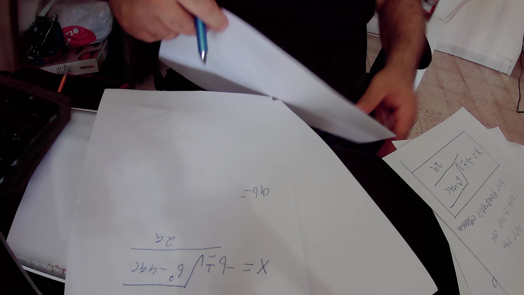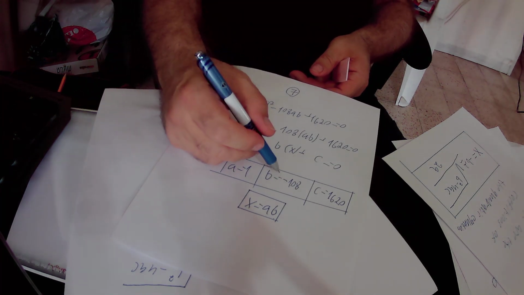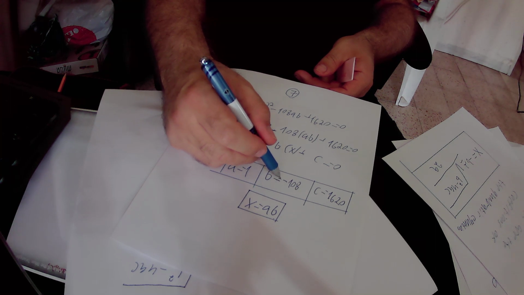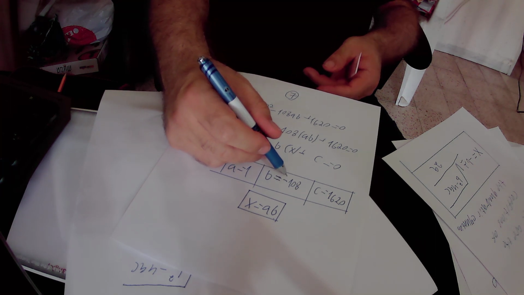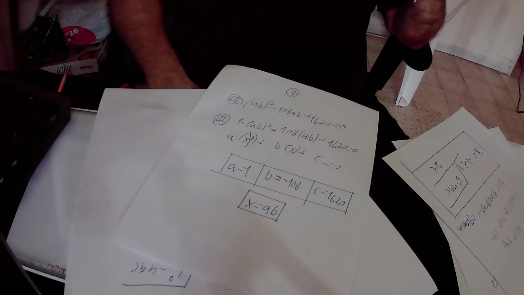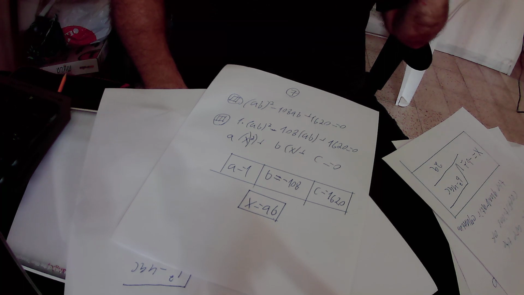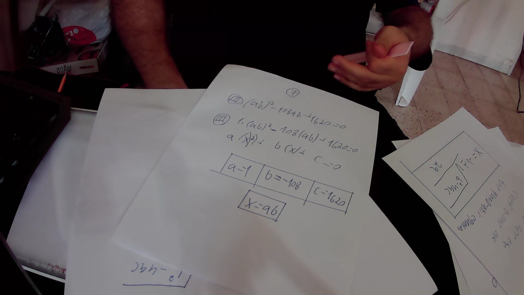We found out that b equals negative 108. So minus b is minus 108, and minus is plus.